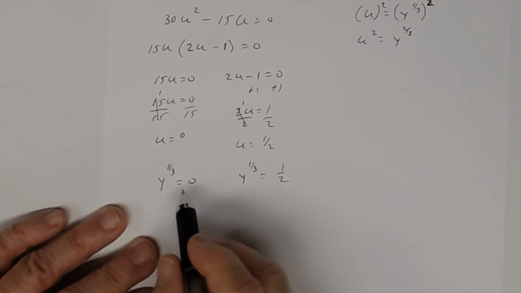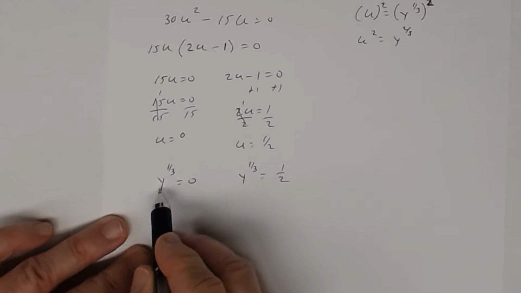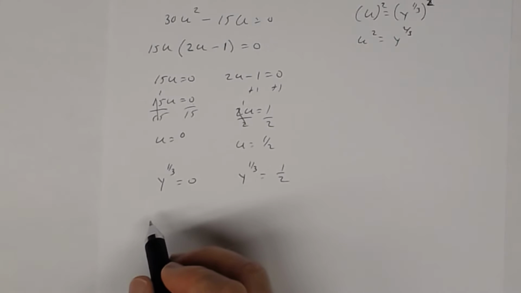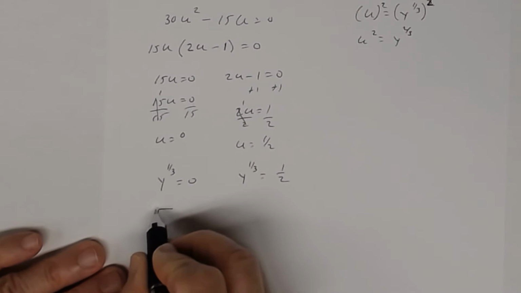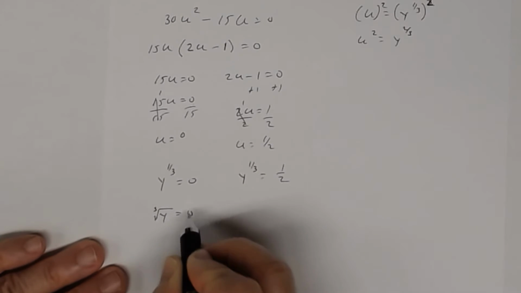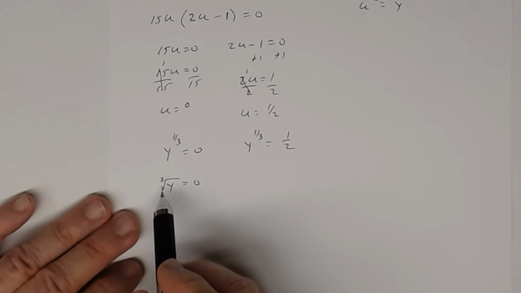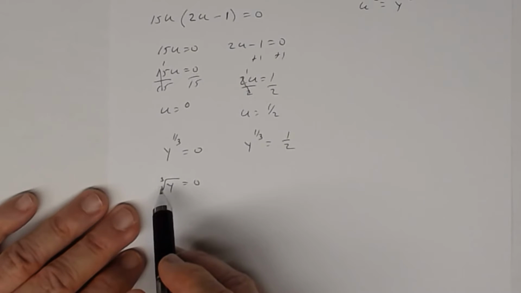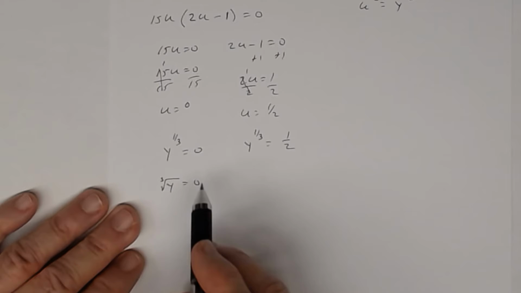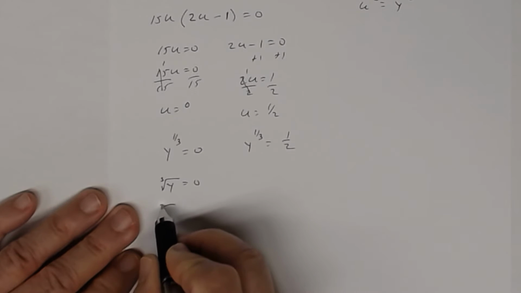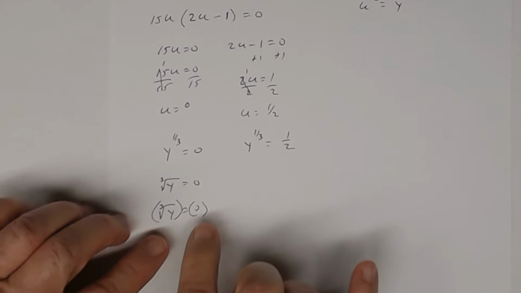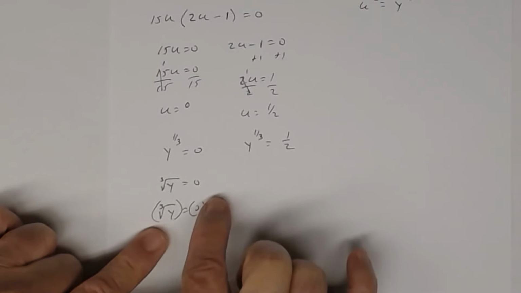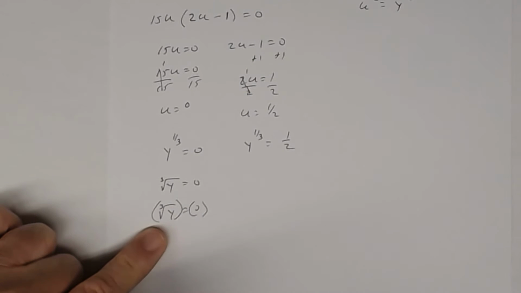There are two ways you can think of this. So let's think of this as this. y to the 1/3, by a previous course, means the cube root of y, right? The cube root of y equals 0. And then remember, when solving a radical equation, you raise both sides to the power that's equal to the index.